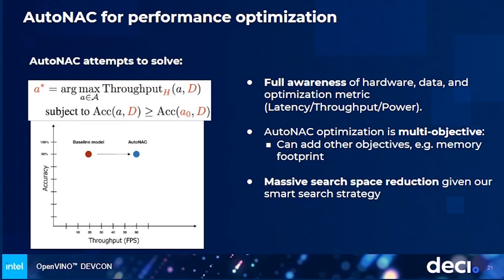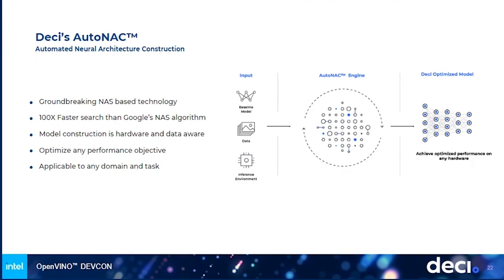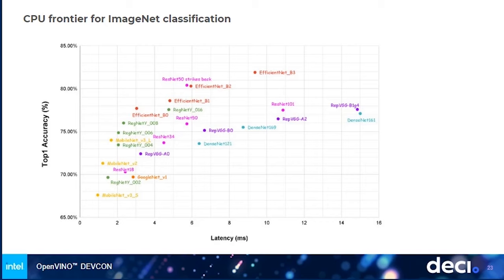After introducing our AutoNAC engine, now we can talk about some results of this system. We'll start with results of the classic ImageNet classification test. Over here, we see a graph of latency versus accuracy on models compiled and quantized with OpenVINO on a Cascade Lake CPU.